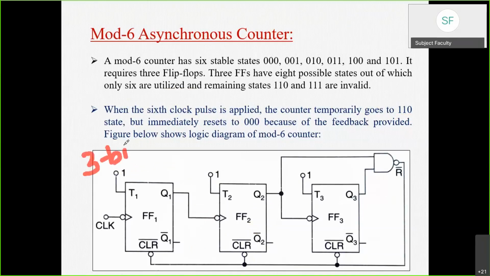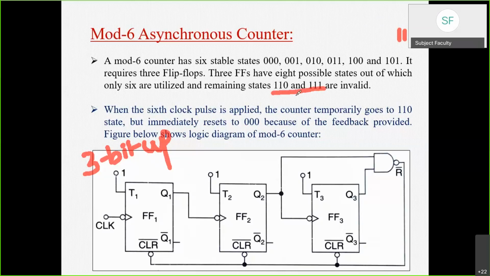Always remember, its count starts from 000 and the last count will be 111. I am talking about the 3-bit up counter. Its count starts from 000, 001, up to these 6 counts, and then there would be the 7th and 8th counts.